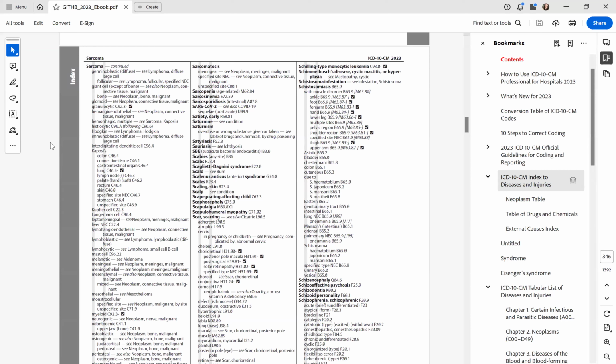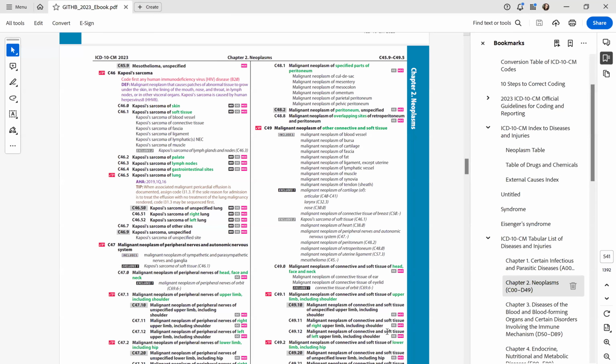So we see main term, sarcoma, Kaposi's, and we see that by the site. Let's go to that site in the tabular. And then you see it right here, Kaposi sarcoma.